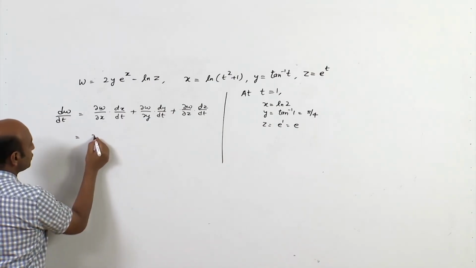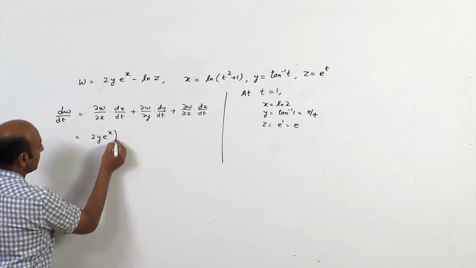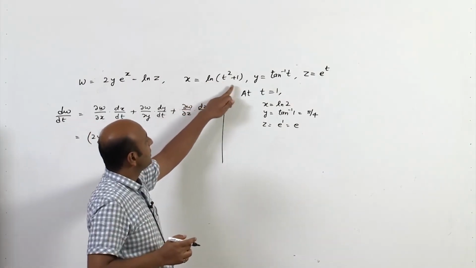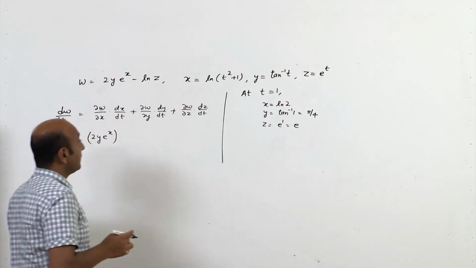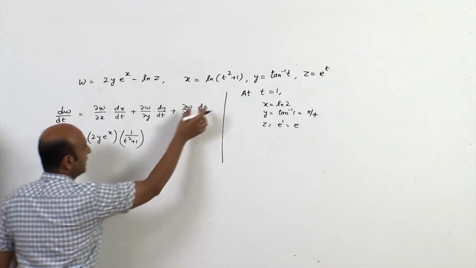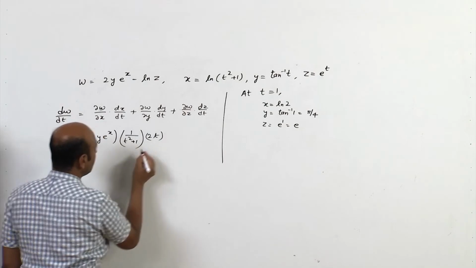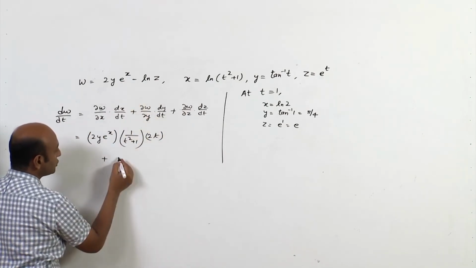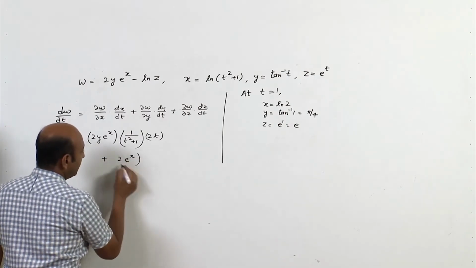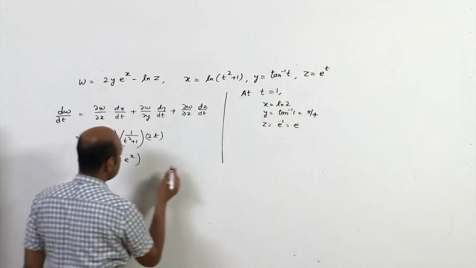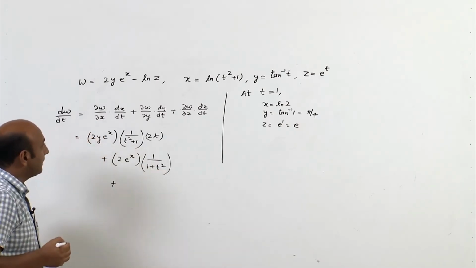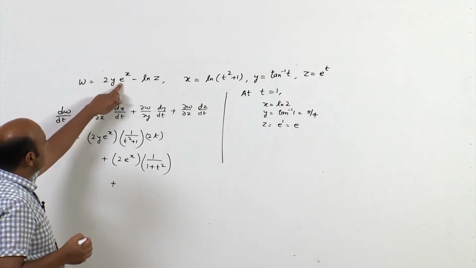Now, del w by del x is 2y e raised to power x, and dx by dt is, you suppose this as some function, so ln of this is 1 upon t square plus 1 into the derivative of this, which is 2t, plus del w by del y from here is 2 e raised to power x, and then dy by dt is 1 upon 1 plus t square, again plus del w by del z, the partial derivative of this w with respect to z.